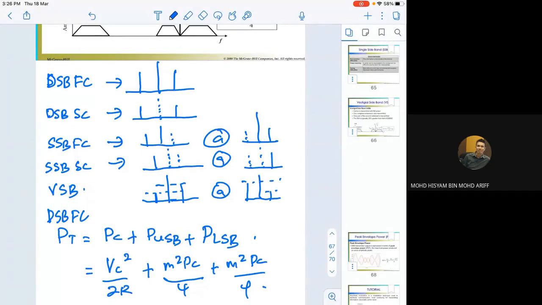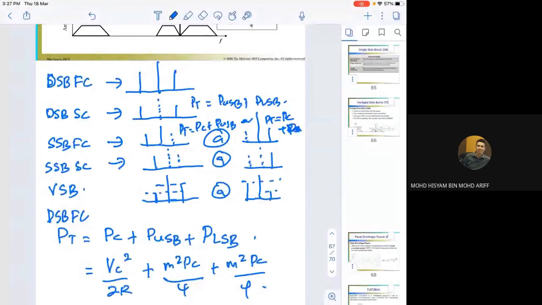For single sideband full carrier, we transmit PC plus P upper sideband, or PC minus P upper sideband.